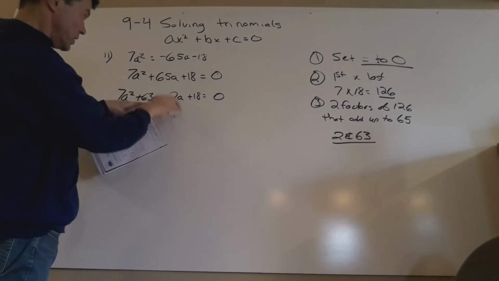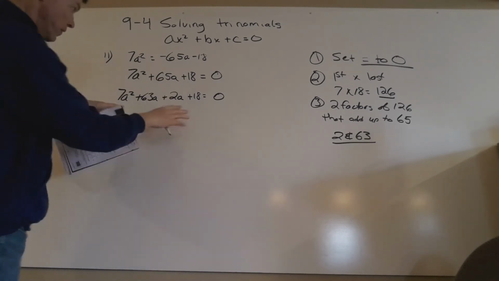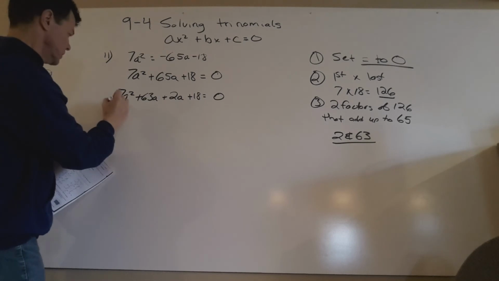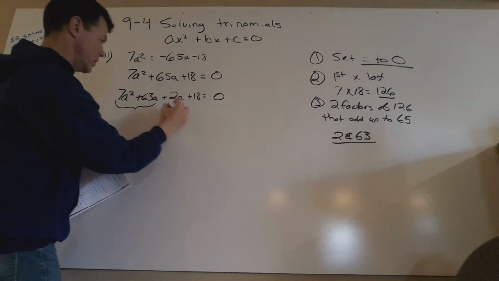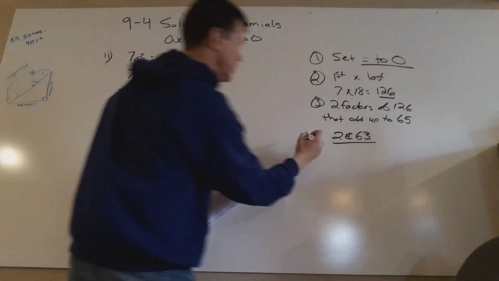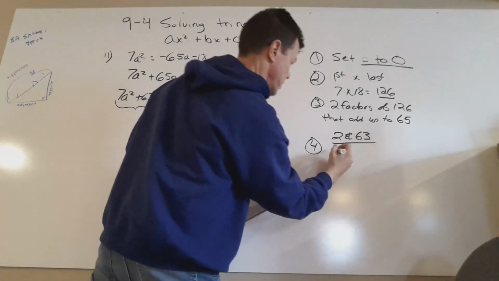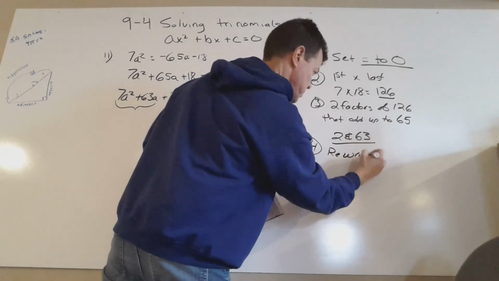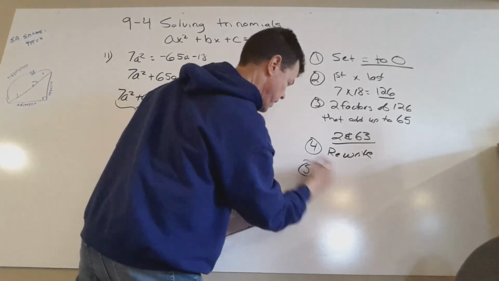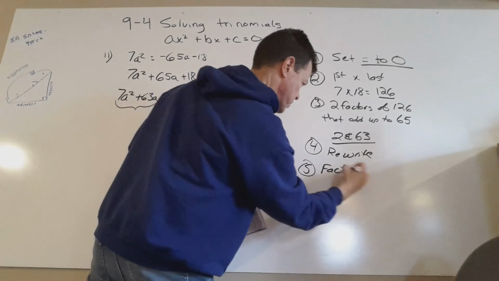So 63 and 2 does equal 65. Now, factor by grouping.